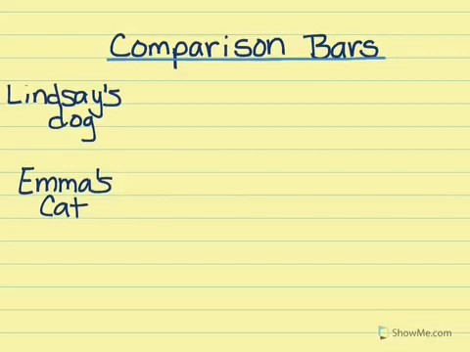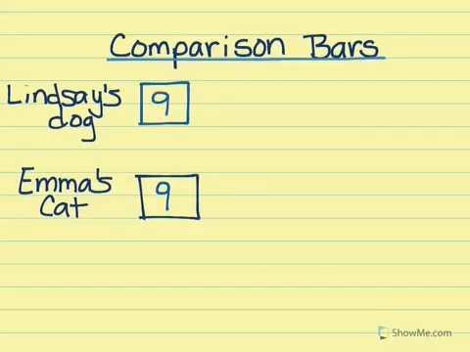So I'm going to draw comparison bars. I know Emma's cat is the lesser quantity, and her cat weighs 9 pounds. Therefore, Lindsay's dog is going to be made up of groups of the lesser quantity.